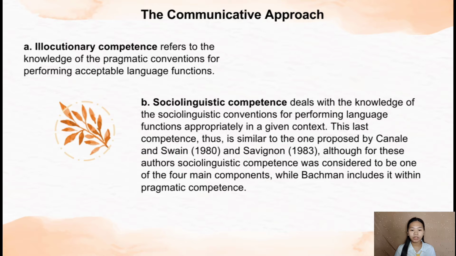This last competence is similar to the one proposed by Canale and Swain in 1980 and Savignon in 1983. Although for these authors, social-linguistic competence was considered to be one of the four main components, in Bachman's model, it is included within pragmatic competence.